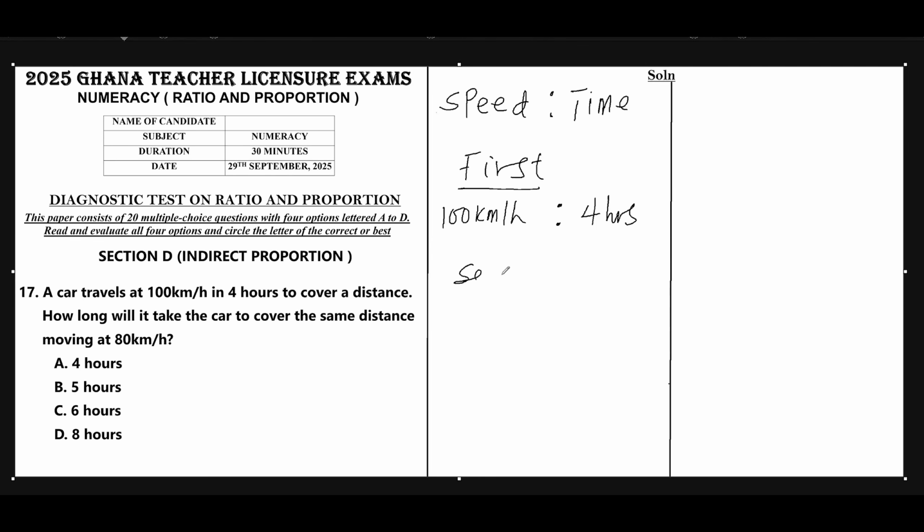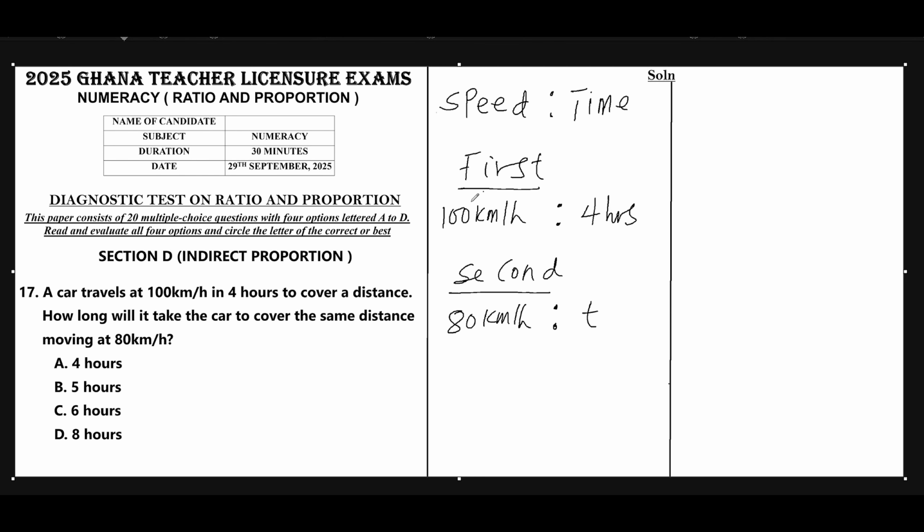Now the second instance, how long will it take the car to cover the same distance moving at 80 kilometers per hour? So we have our speed, 80 kilometers per hour. But then how long? How long talks about time. We have to look for the time. So let's represent the time as t.